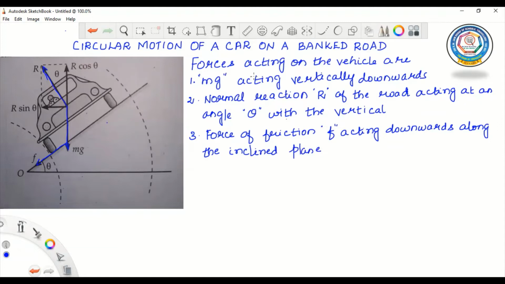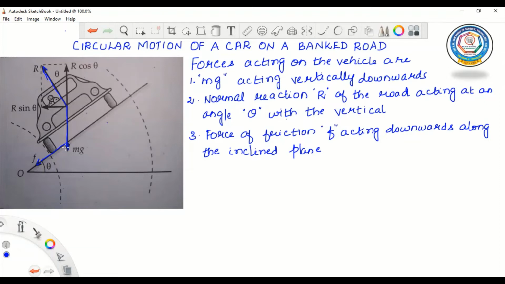So these are the forces which are acting on the vehicle. The first one is the weight of the car, mg, acting vertically downwards, the second is the normal reaction of the road acting at an angle theta with the vertical, and the third one is the force of friction F acting downwards along the inclined plane.